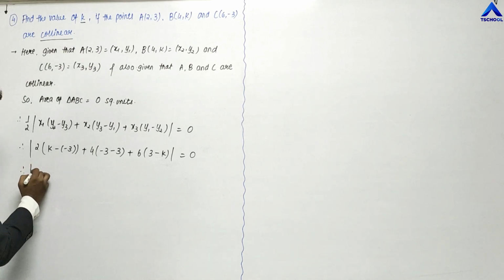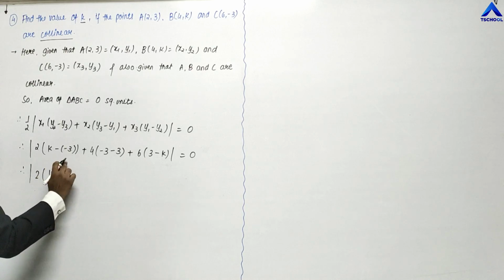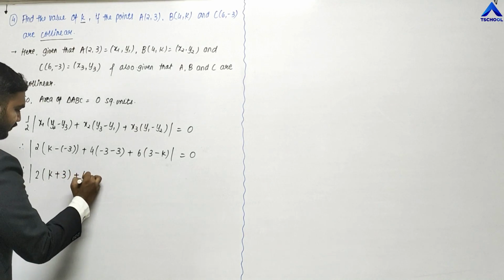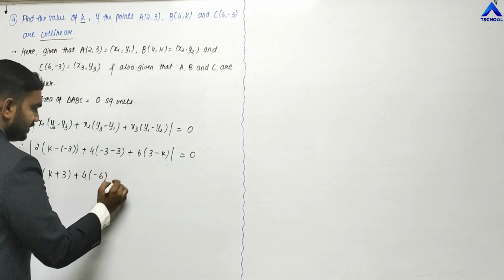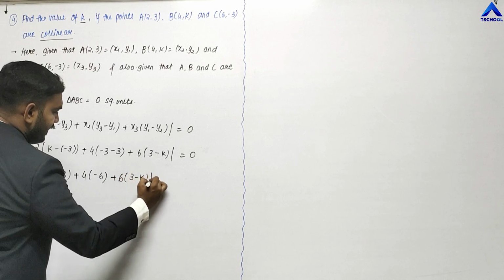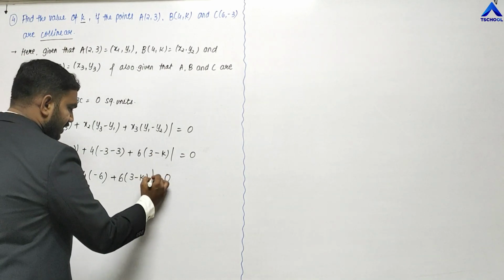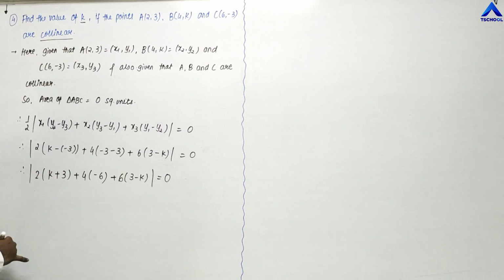Therefore modulus 2 into (K minus, that will become plus 3) plus 4 into (minus 6) plus 6 into (3 minus K) is equal to 0. Okay, so that is how we get it after simplifying these values.